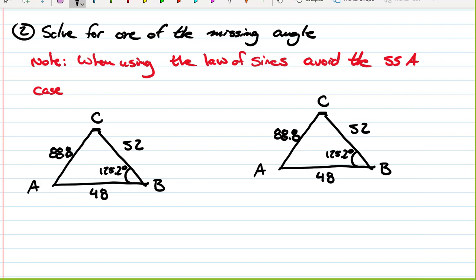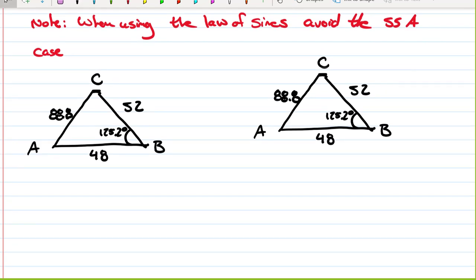We don't want to use side angle because remember, that's the case where we can have 0, 1, or 2 triangles. We know that there's only one triangle, so if we use side angle, it may tell us that there are no triangles because the triangle we're trying to make doesn't exist. So we want to avoid that possibility.